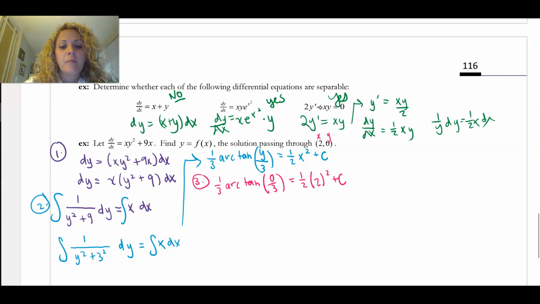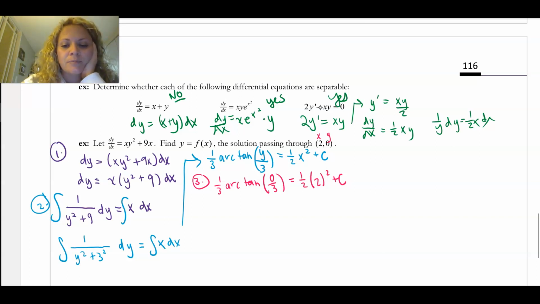All right, actually the first thing I would do before even considering the arctangent is I would get rid of that 1/3. So let's just multiply by 3. No, actually, I take it back. Let's not. You can if you want.